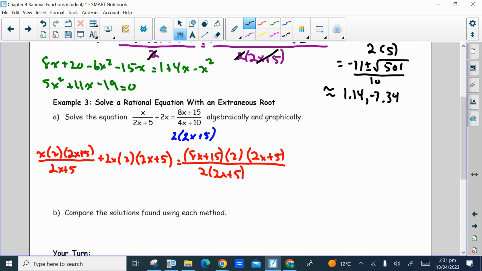And the whole point of doing that is so that we get rid of all the denominators. If we multiply out what's left, you'll have 2 times x plus 2x times 2 is 4x times 2x gives us 8x squared, and 4x times 5 is positive 20x.